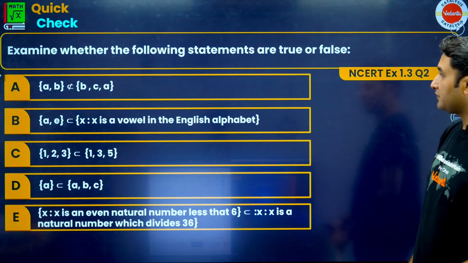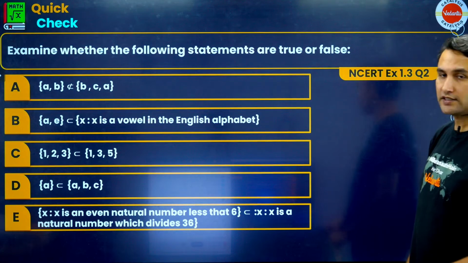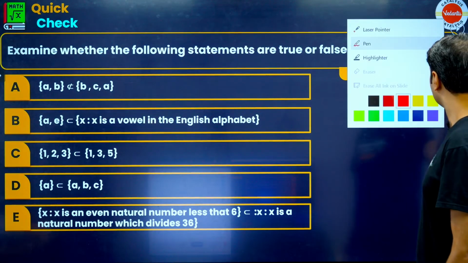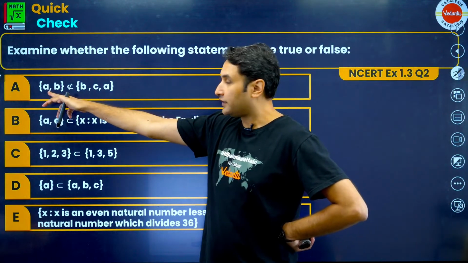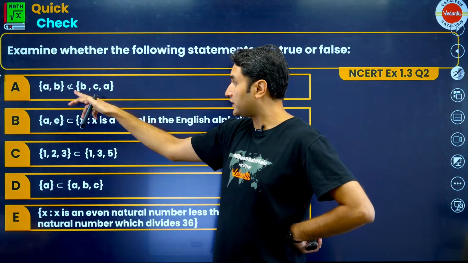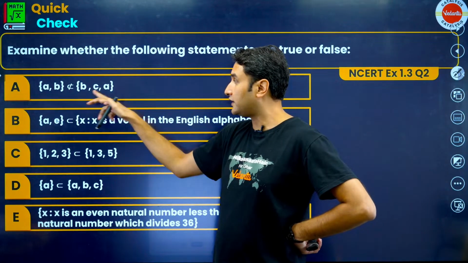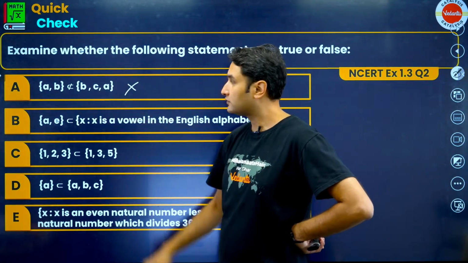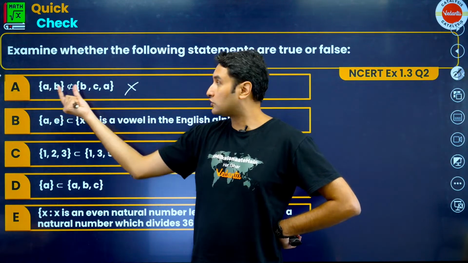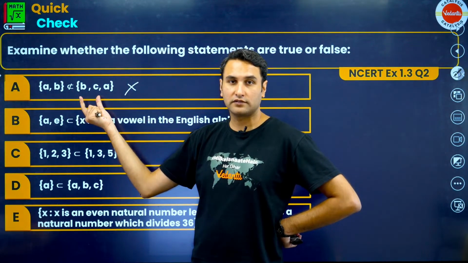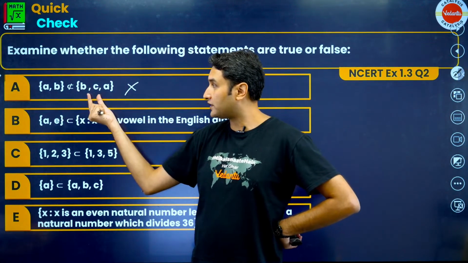can you tell me, in terms of subsets, are these correct statements? The set containing the elements A, B is not a subset of the set containing B, C, A. Wrong, right? Because A, B, both the elements are also included in this particular set. So A and B are also present here.